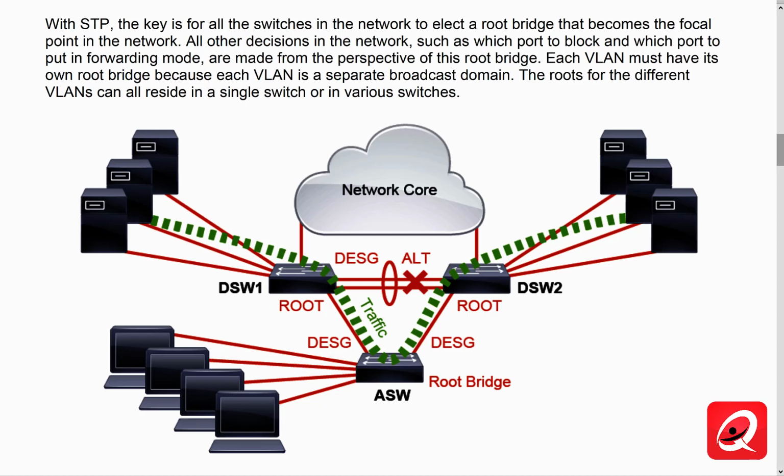If I'm not setting priorities, for example, lowest always wins in spanning tree. Lowest path cost, lowest priority, lowest MAC address, lowest port ID, whatever. In any of the election processes, the lowest is always the most important, okay?